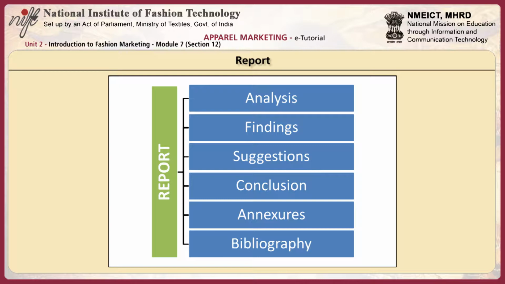So, if the recommendations are accepted, then the decision makers have to do the follow up for execution of recommendation. But all the recommendations should be followed up and the steps should be taken so that the results as desired are achieved. So, this is how the marketing research process ends.